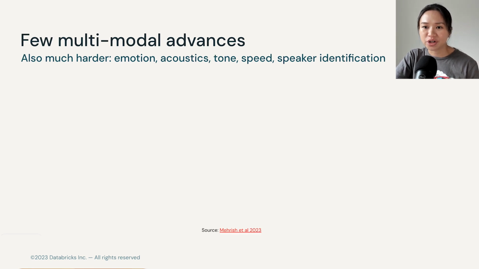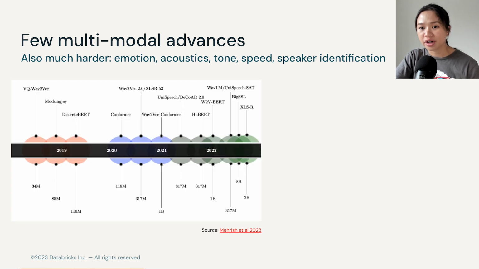Compared to computer vision, there are much fewer multimodal advances for audio. The models displayed on this slide are all transformers. But for a long time prior to 2019, audio processing models did not use transformer architectures. Most of these models that you see here, in fact, only focus on either text-to-speech, speech-to-text, or speech-to-speech.